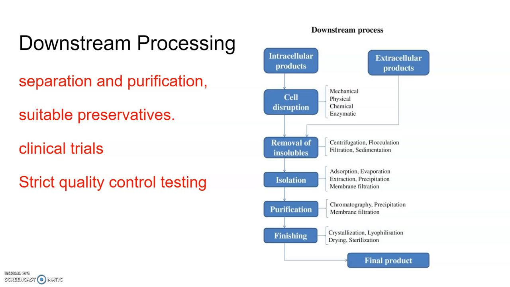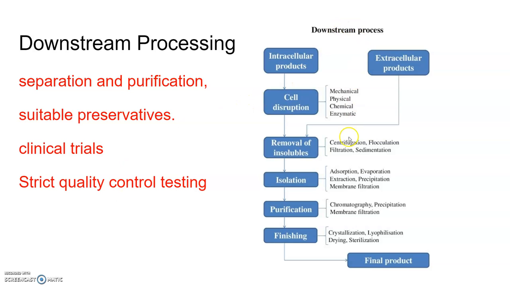The product has to be formulated with suitable preservatives. Such formulation has to undergo clinical trials, as in the case of drugs. Strict quality control testing for each product is also required. The downstream processing and quality control testing vary from product to product.